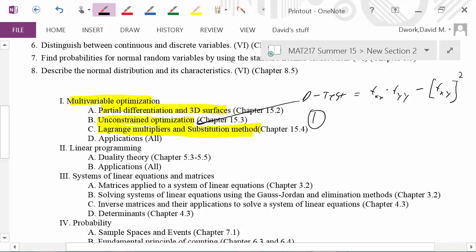So then Lagrange multipliers, that one you didn't need to use that test, but you had to know the big Lagrange formula, which would look something like f of x comma y plus lambda times g of x y.